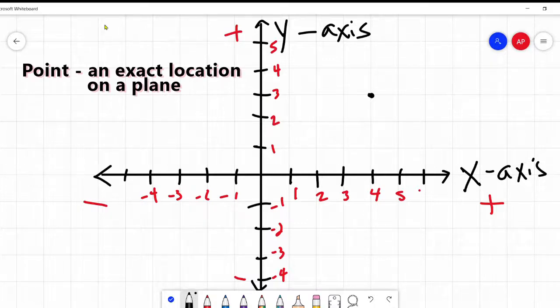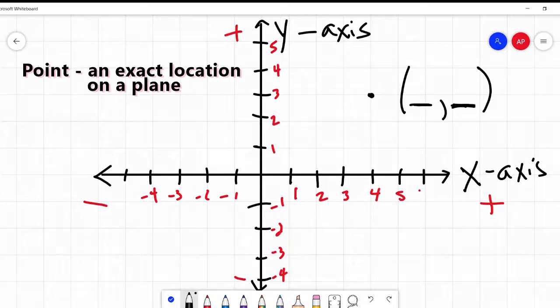So this point has coordinates. The coordinates are always given inside parentheses. The x coordinate comes first and then the y. Just like x comes before y in the alphabet, x comes first here. So what's our x coordinate?